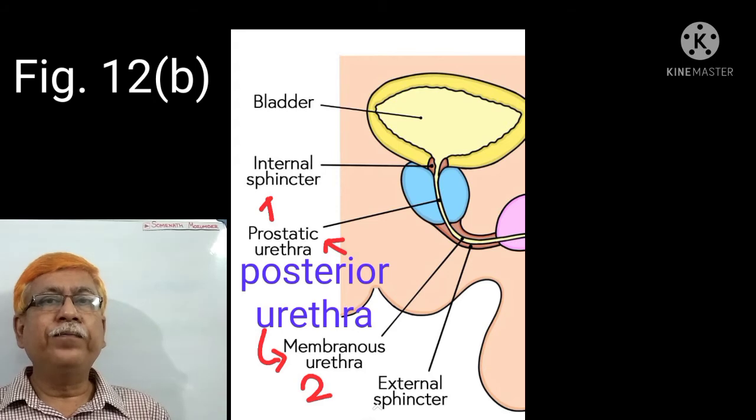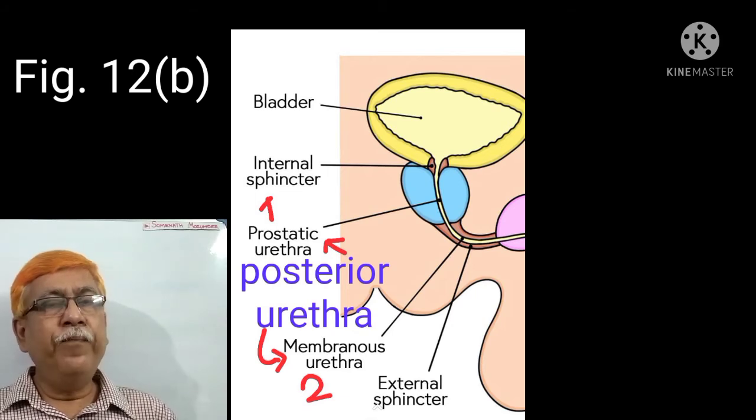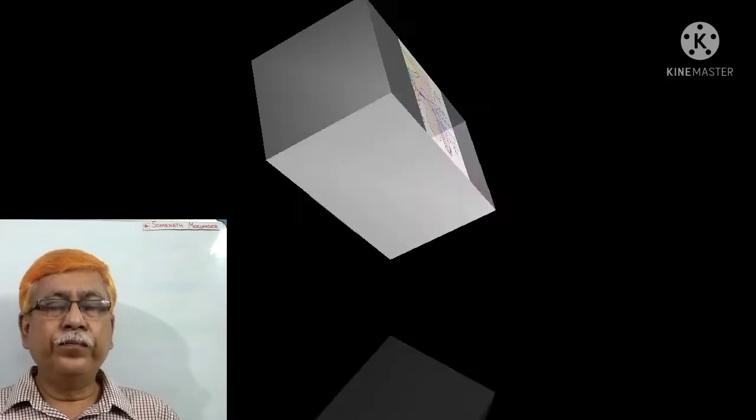Membranous urethra. The membranous urethra passes through the pelvic floor and includes the area of the external sphincter. It is the narrowest part of the male urethra.